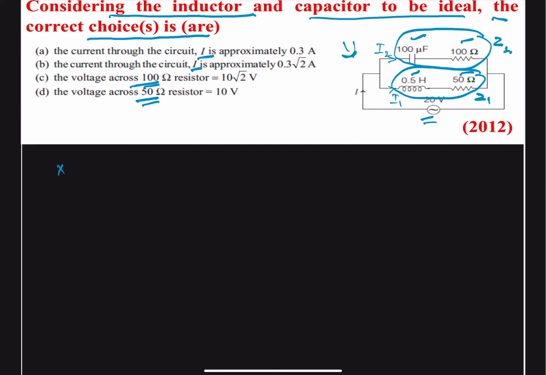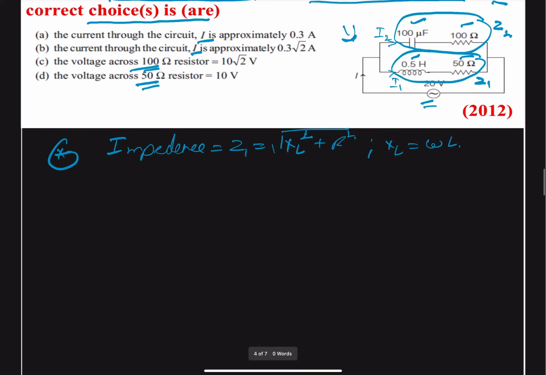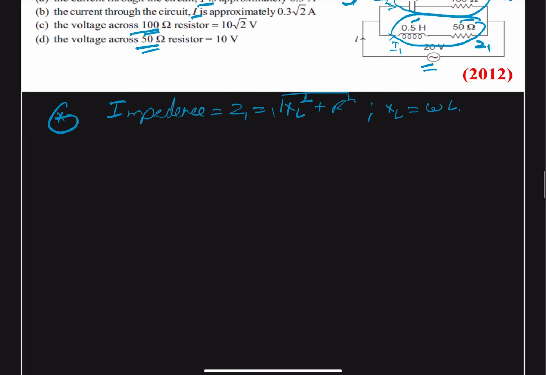We can write that impedance Z1 will be equal to the square root of XL square plus R square, and XL will be equal to omega L. Therefore, Z1 will be equal to the square root of omega L square plus R square. Omega we know is 100, inductance is given as 0.5, and R1 is 50 ohm.